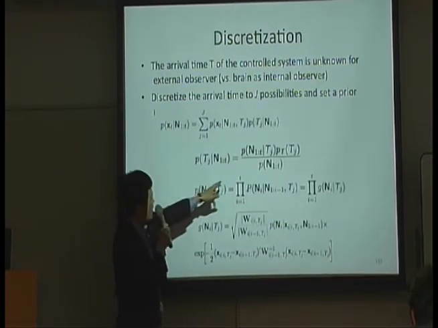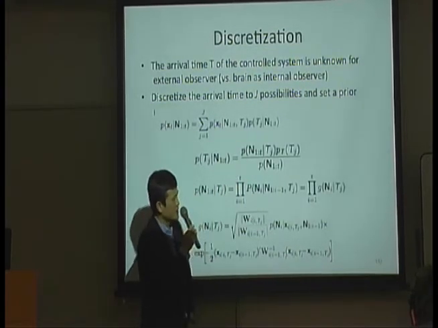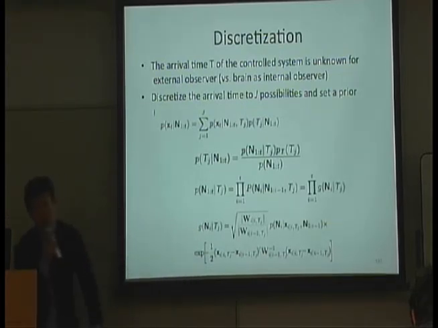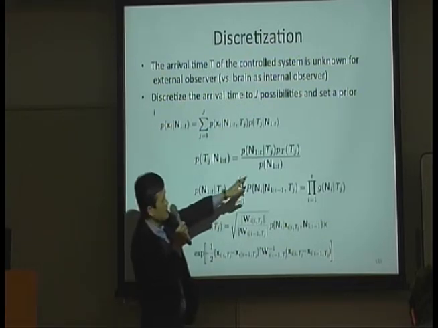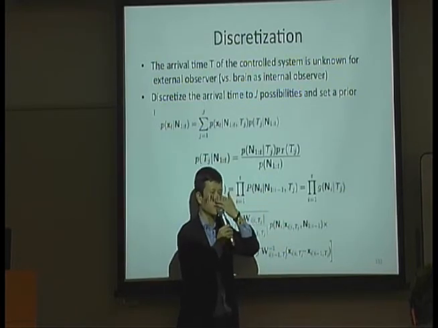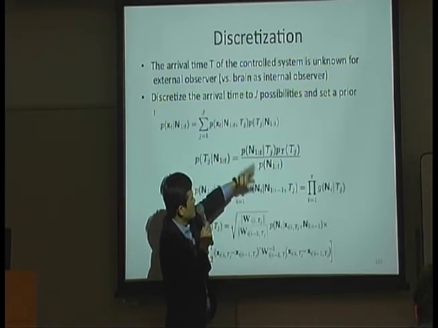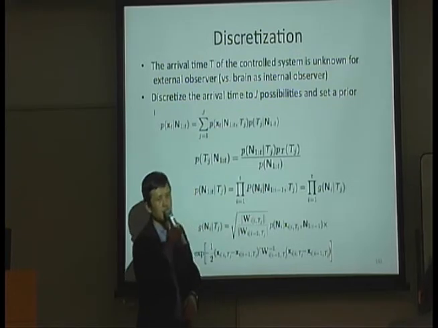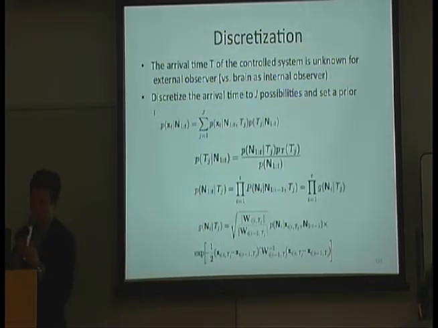Fortunately, this part can be derived analytically. The technical detail I won't be able to show you, but everything is analytical at this point. You can set some prior, either exponentially decreasing or uniformly distributed, it doesn't matter. The rest can be computed analytically using this point process filter.